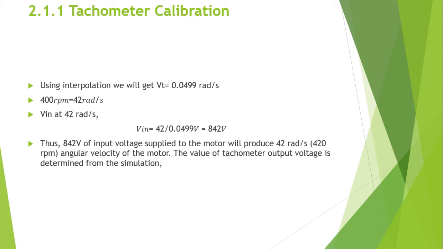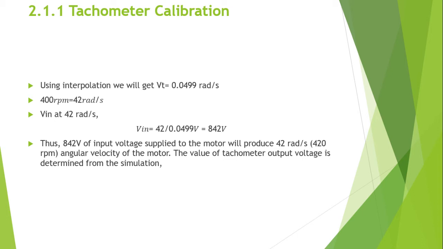After that, we can find the Vin at 42 rad per second because 42 rad per second equals 400 rpm. So, we search it with 42 over 0.0499, which is the value of Vt for one word input.